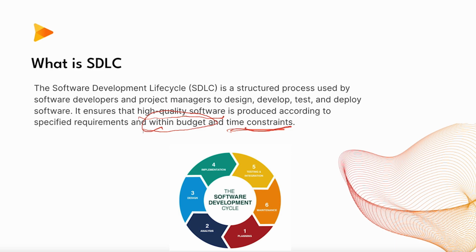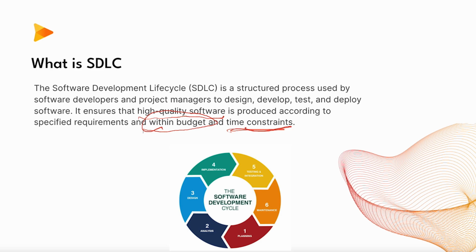So let me summarize this. The software development life cycle is simply a process or a technique or a set of guidelines used by software developers and project managers to design, develop, test, and deploy software.